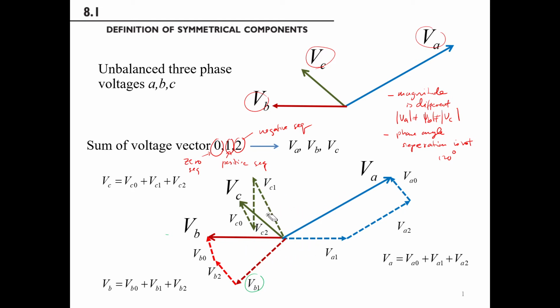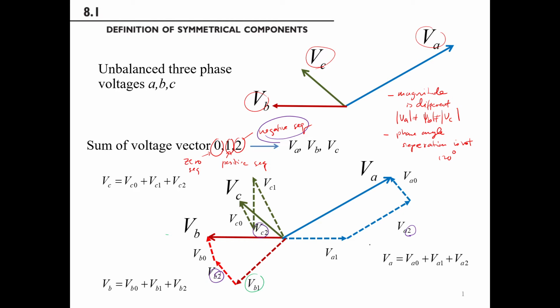Now the negative sequence. I will change the color, maybe in purple. V2 is the negative sequence, so the negative you see from the subscript 2, VA2 to VB2. Where is VB2? It is right here. And VC2.